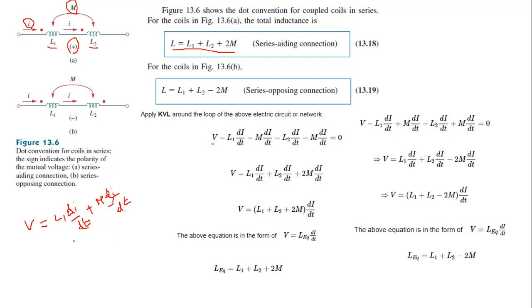So this is for coil 1, and then for coil 2 again L2 di by dt plus M into di by dt. Now we are writing KVL, right?